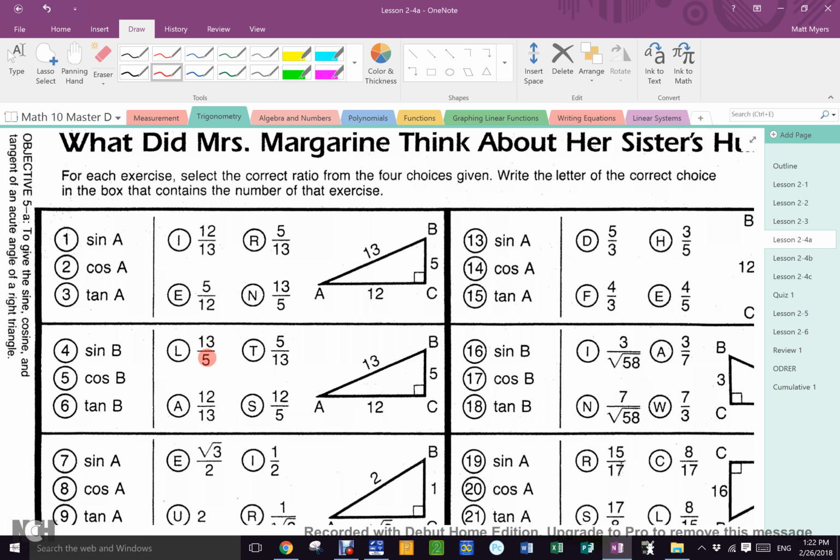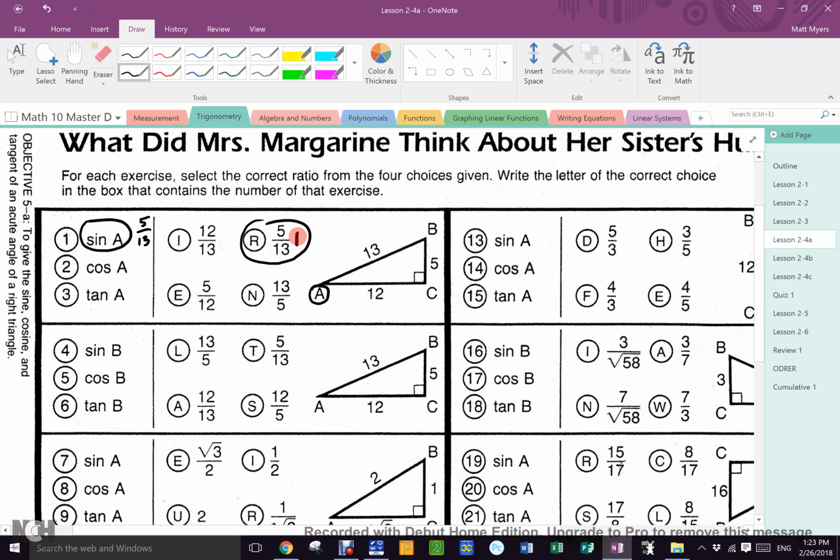Let's look, shall we? Sine A. I'm going to do that in black. Here is A. Sine is opposite over hypotenuse, yes? So, what is opposite to A? 5. What is the hypotenuse? 13. So the sine of A is 5/13. It's right there. So you put a little number 1.